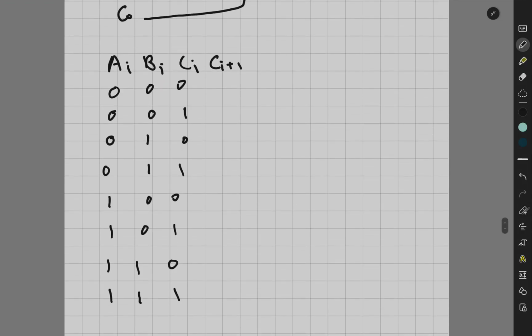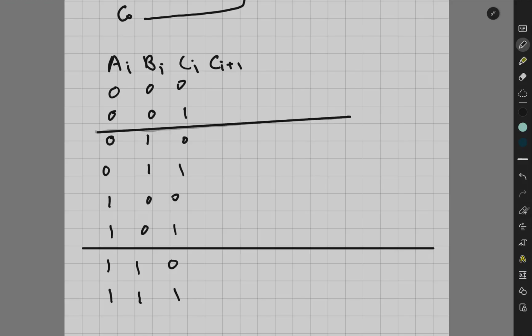We can divide into 3 stages: this is the last stage, and this is the 0 stage. In this stage, Ci plus 1 is always 0, no matter how the condition changes.